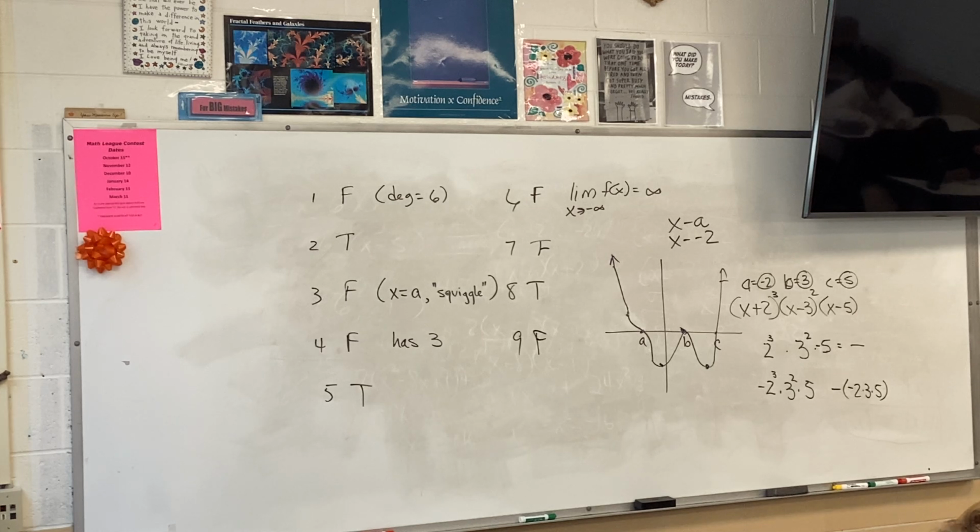If you drew a line tangent to the curve at x equals 3, would the slope of that line be negative? Yes. The answer is yes. Instantaneous rate of change is the slope of the line tangent. So you just draw a line tangent, it's negative. That's true.